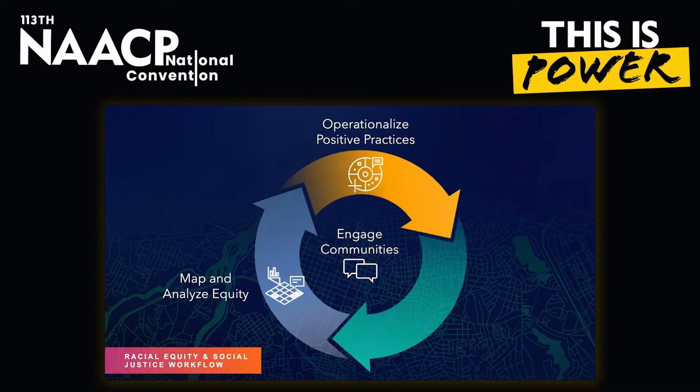Then comes operationalizing positive practices, where you map alternatives to policies and to action and use GIS to enable your interventions. And next, you'll move on to a phase of continuous improvement where you'll manage performance. And in this phase, assess your impact and identify gaps, and prepare to move through this cycle again and again to ensure increasingly more equitable and just outcomes.